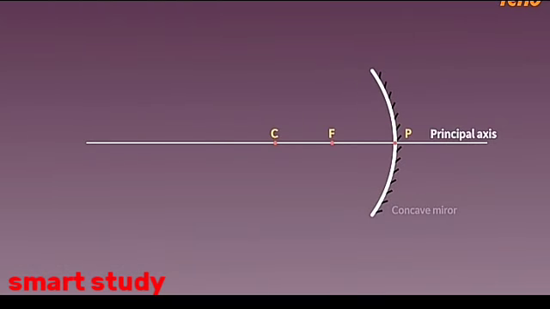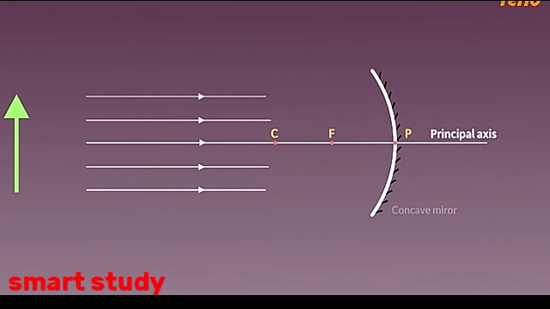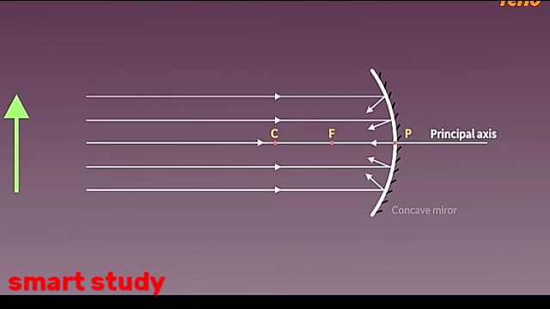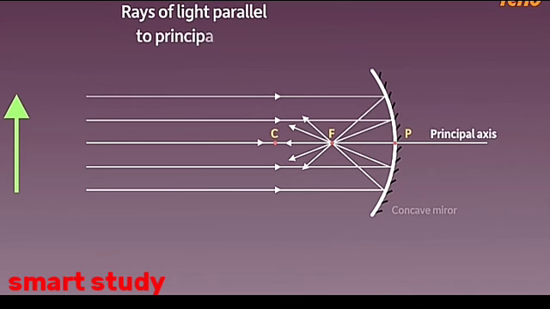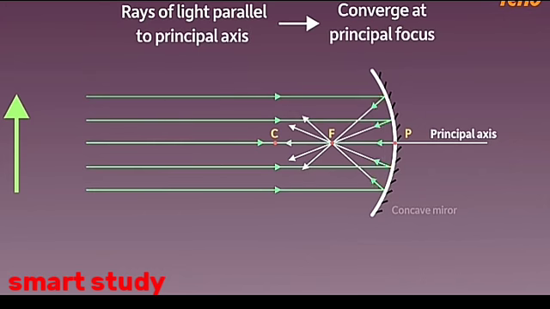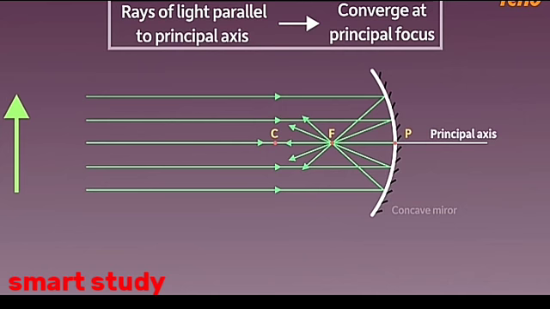Similarly, instead of the sun, we can take any other object kept at infinity. And the rays of light from that object incident on the mirror will be parallel to each other. So we saw that if the rays of light are parallel to each other as well as to the principal axis, they will always converge at the principal focus. And this is true for any other object as well.